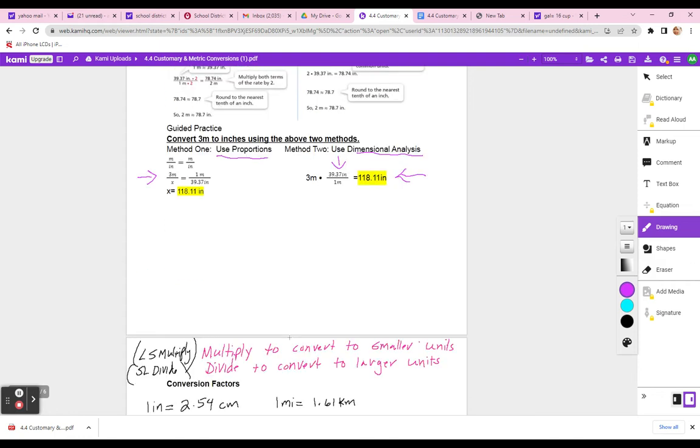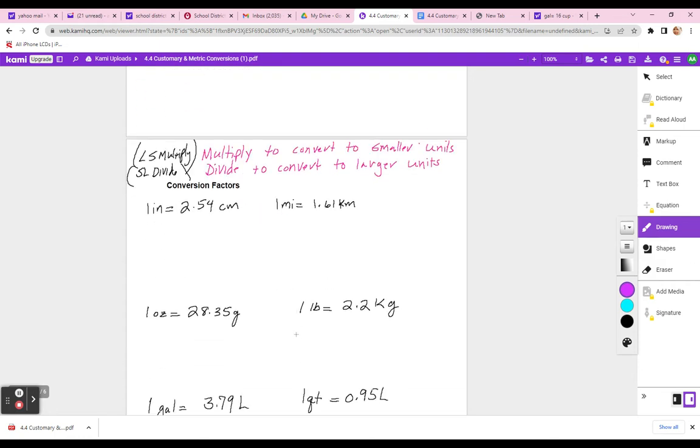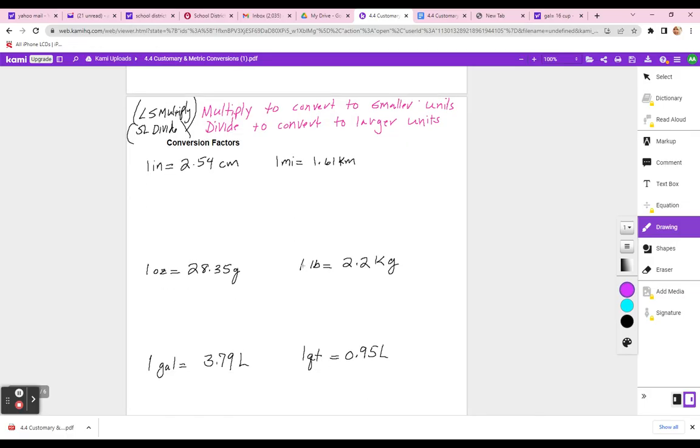All right, so we're going to begin by familiarizing ourselves with a lot of the conversion factors that we're going to use to be able to convert between units.